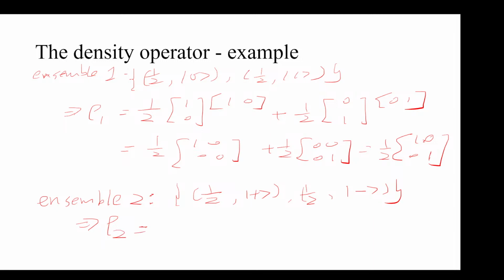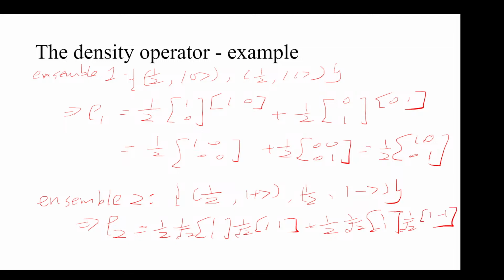So rho 2 equals 1/2 times 1 over square root 2 times the vector 1 1, times its transpose 1 over square root 2 times 1 1, plus 1/2 times 1 over square root 2 times the vector 1 minus 1, times 1 over square root 2 times 1 minus 1.